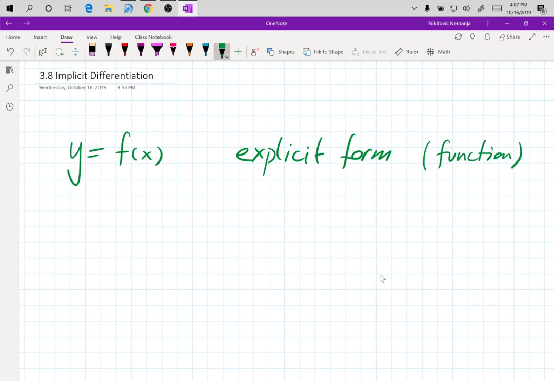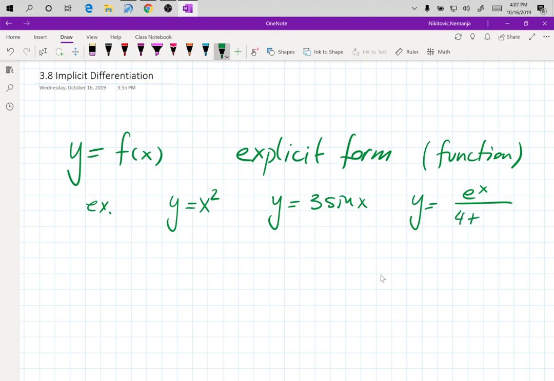Examples like y equals x squared, y equals 3 sine x, y equals e to the x over 4 plus square root of x, whatever. But you see the idea. You are able to write y equals, and then everything that goes on the right is in terms of x's.